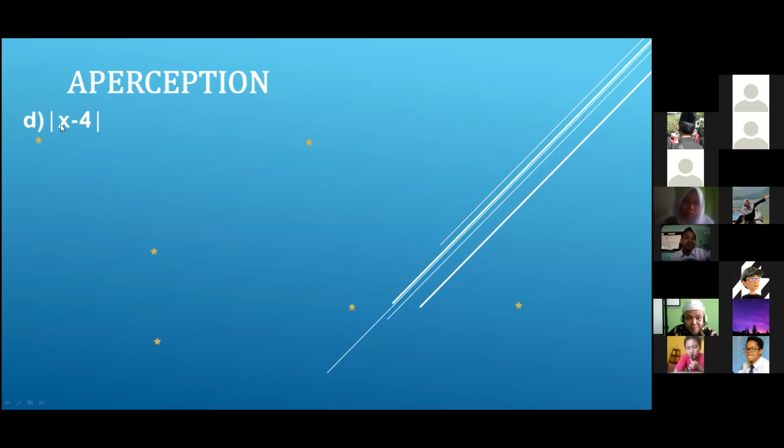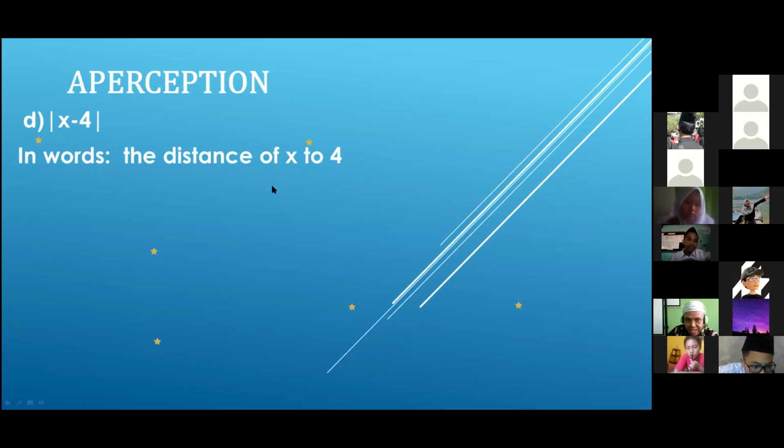The absolute value of x minus 4 can be interpreted as the distance of x to 4, not negative 4. Understand? The distance of x to 4, x to 4, not negative 4.